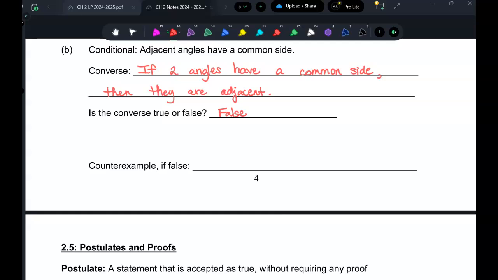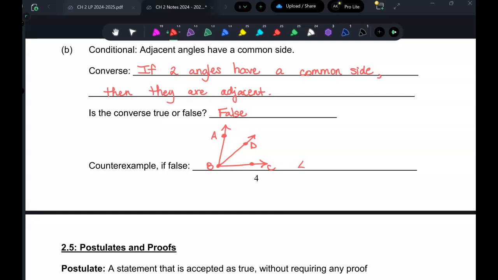So I'm going to draw two angles that look adjacent to each other, and I'll call the points A, B, C, D. Now, I want these two angles to have a common side, but I don't want them to be adjacent to each other. Remember I said if they overlap, then they're not adjacent.